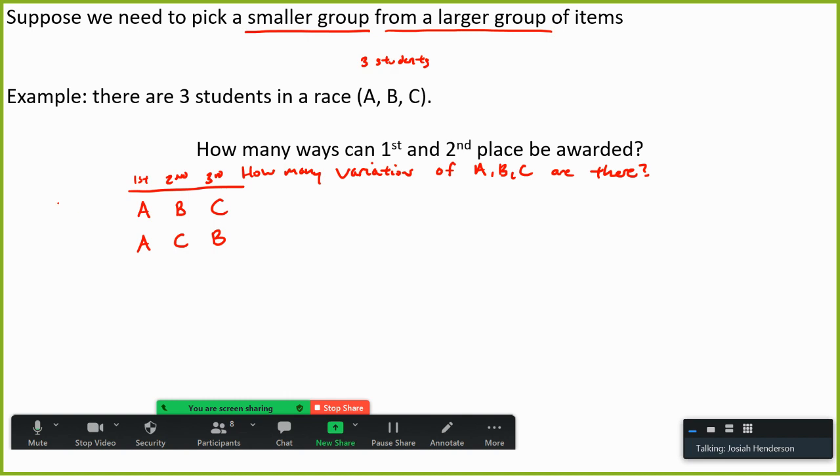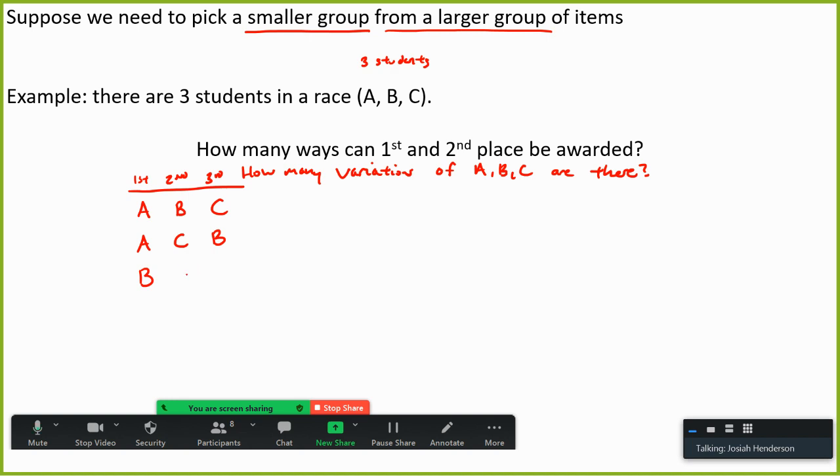So here's the first way that we can award the prizes. The second way to award the prizes is A gets first place, C gets second, B gets third. And I think that's the end of the options for having A come in first. So what about B coming in first?